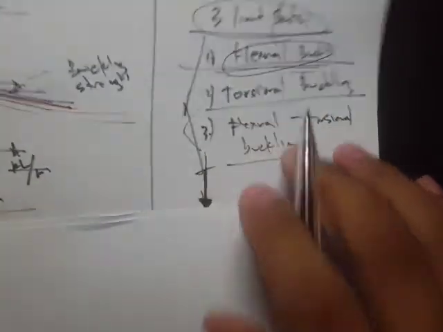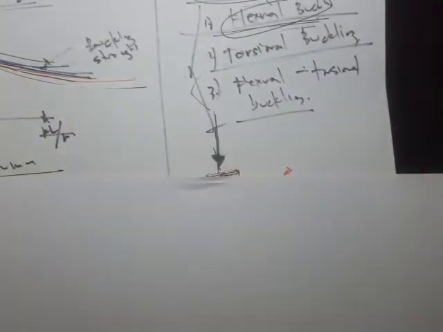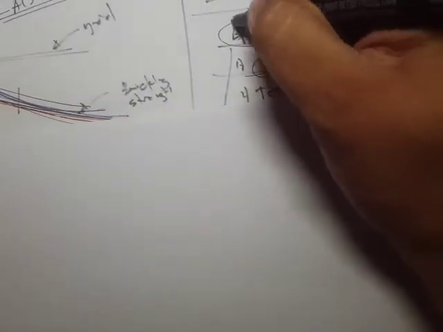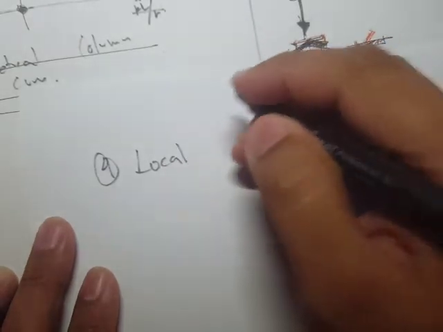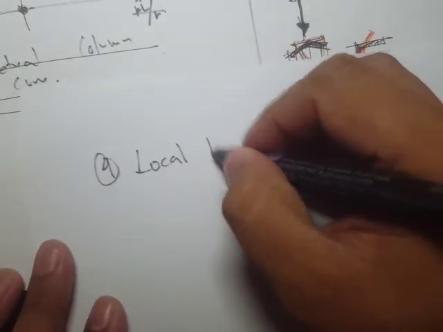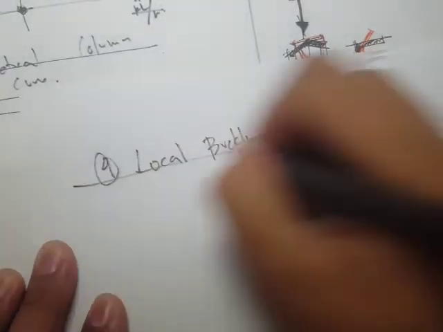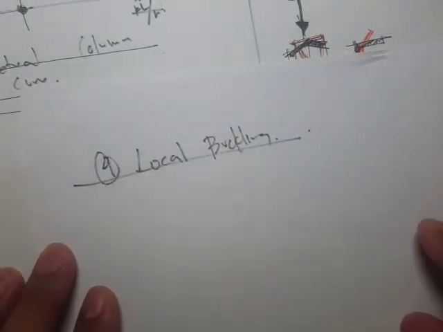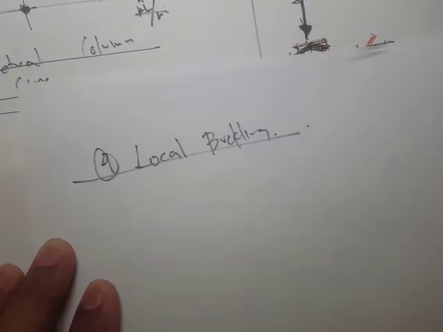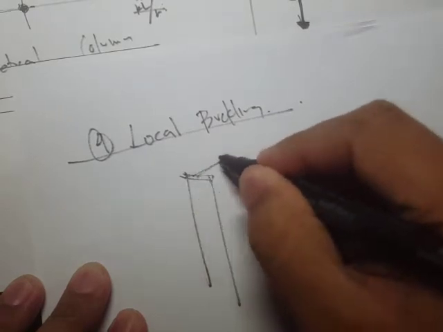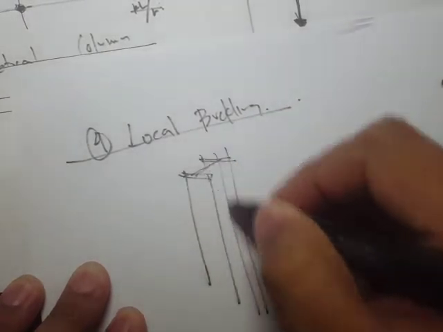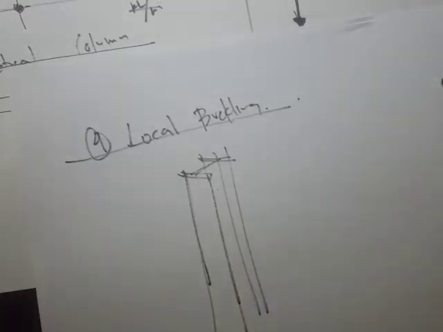Now recall that I said there are three limit states, but that's just for a moment, because there's actually another type of limit state, and that's called local buckling. This local buckling is basically a buckling at a local portion.